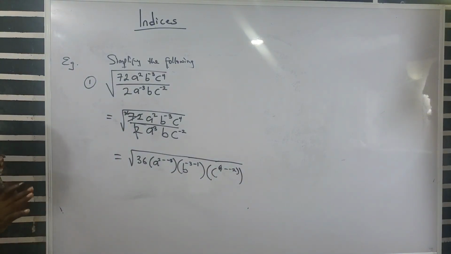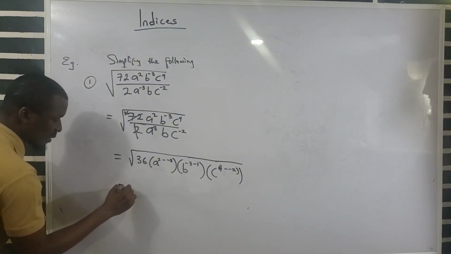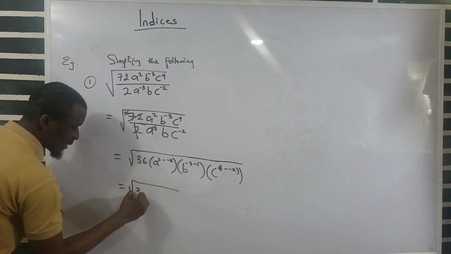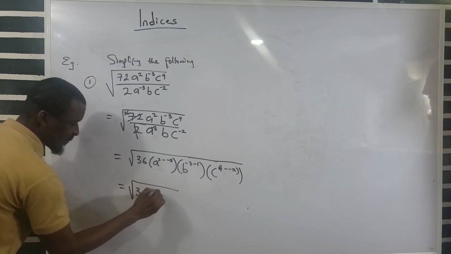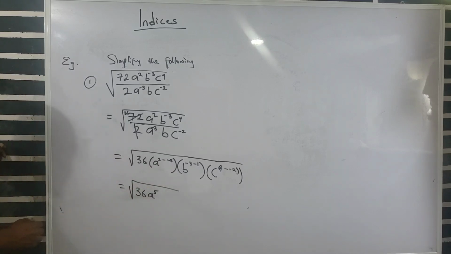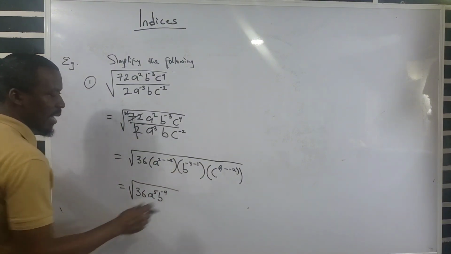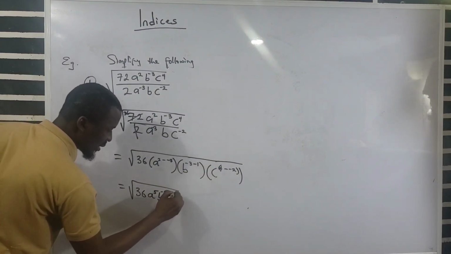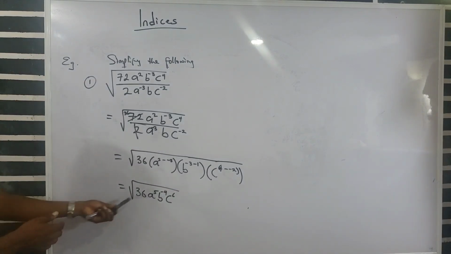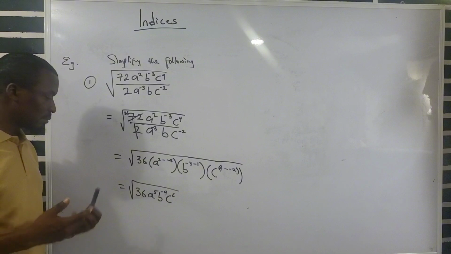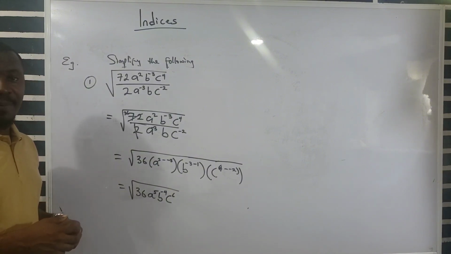So we can see that the number is becoming simpler. Now this will give us square root of 36, a raised to power 5. Okay, this will give us b minus 4, and this will give us c 6. Okay, so at this point you can take your square roots if all the numbers are perfect squares.